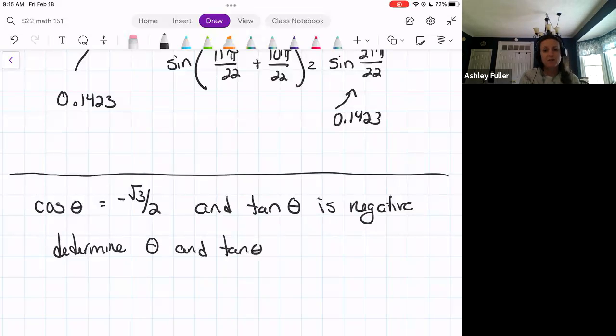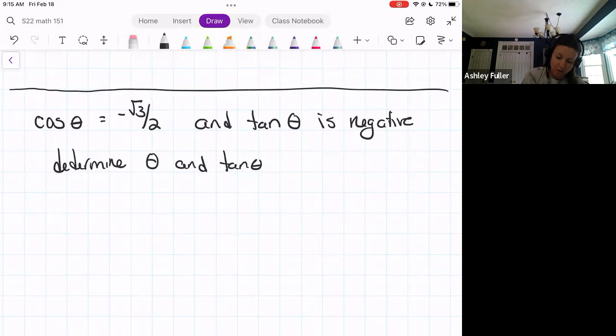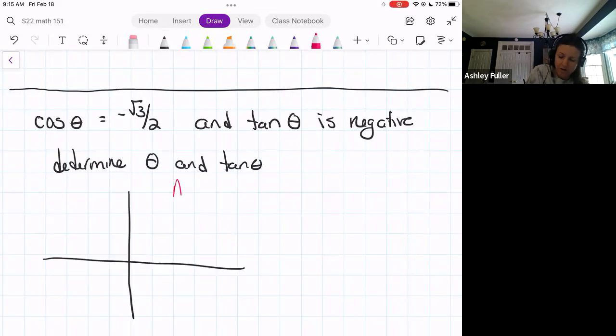In our last section, we talked about the idea of knowing the quadrants and what was positive where. And if you remember, all students take calculus.